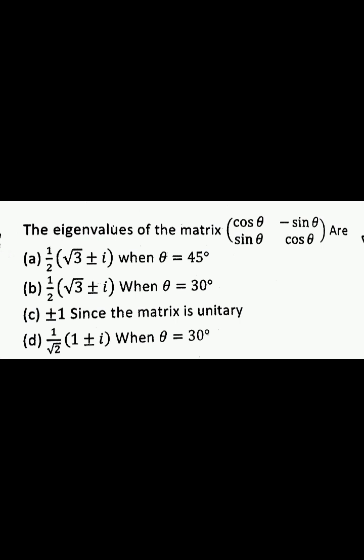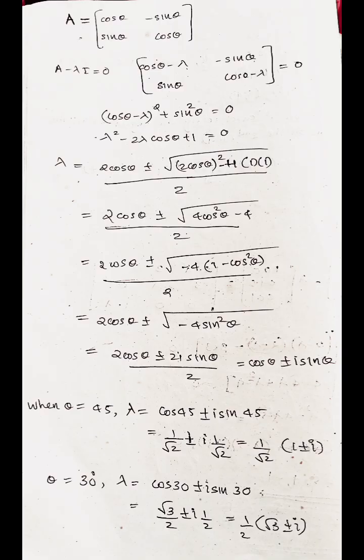The next question is: the eigenvalues of the matrix [cos theta, minus sin theta; sin theta, cos theta] are dash. Here A is equal to [cos theta, minus sin theta; sin theta, cos theta]. A minus lambda I is equal to 0, that is [cos theta minus lambda, minus sin theta; sin theta, cos theta minus lambda] equal to 0. That is (cos theta minus lambda) the whole square plus sin square theta is equal to 0. That is lambda square minus 2 lambda cos theta plus 1 is equal to 0.